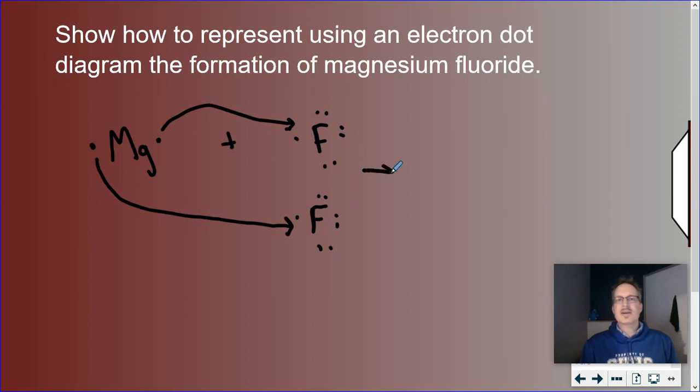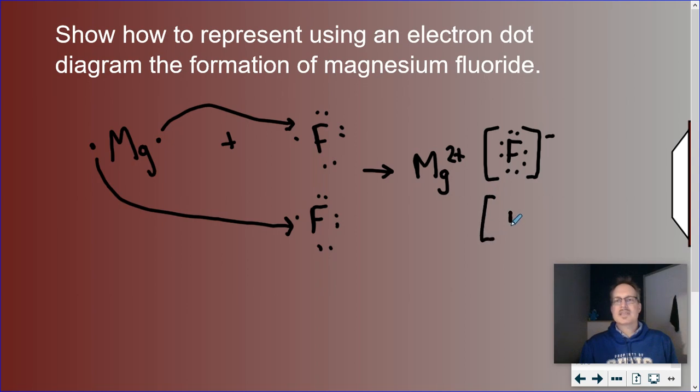And so when we are done, magnesium lost 2 electrons, which makes it 2 positive because it now has 2 more protons than it had electrons. Fluorine is happy because it's now got the full valence level or full octet. And because it filled up and gained an extra electron, it now has a negative charge.